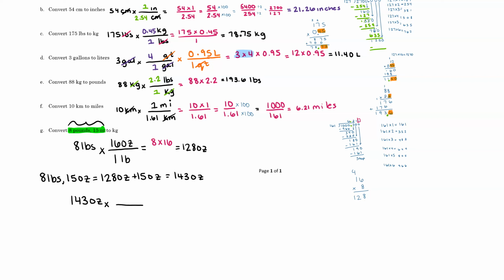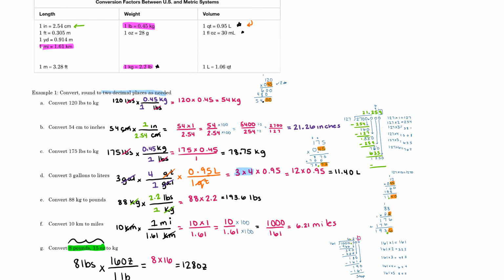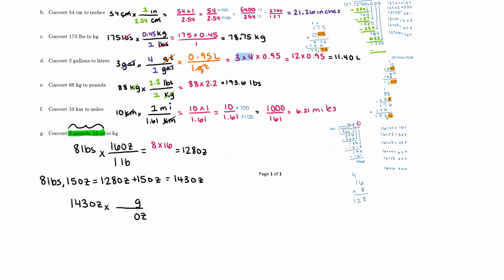We've got an ounces to grams conversion, right? 1 ounce is 28 grams. So that's nice because there's no decimals happening, right? So now ounces has canceled.